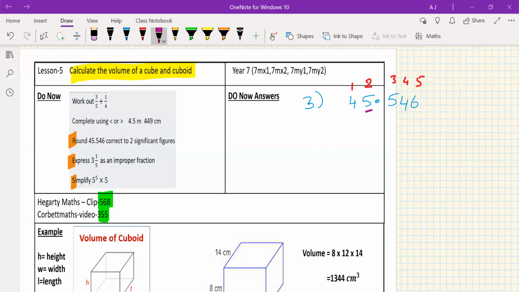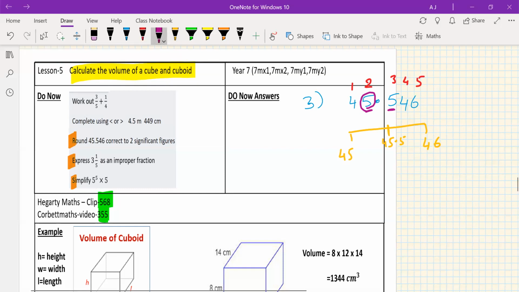In this case, the second significant figure is 5. After that we have 5 here. So that means we need to round them up. And also we can show you in a different way. If I draw a number line here, this is 45, this is my 46, halfway through, which is 45.5.